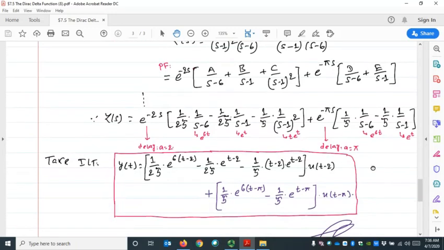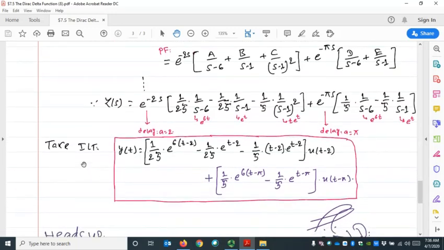Great. So the final answer is little y of t equals 1 over 25 e to the power 6 times t minus 2, multiplied by step function u of t minus 2, which is outside here. Similarly, the second term, negative 1 over 25, the inverse Laplace transform of 1 over s minus 1 is e to the t, delayed by 2.